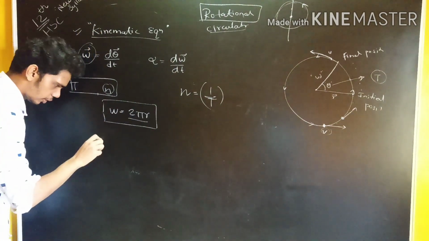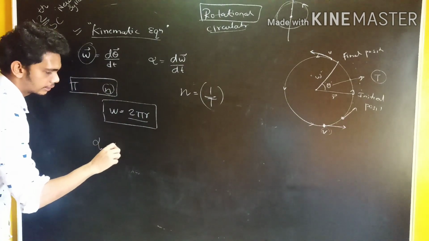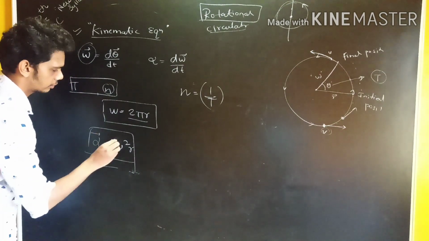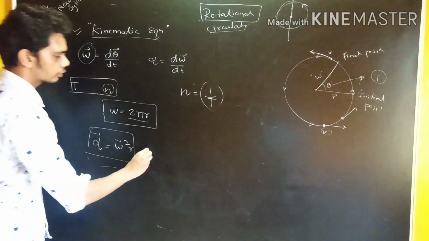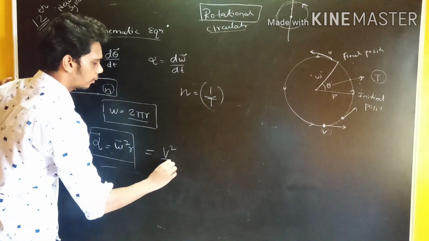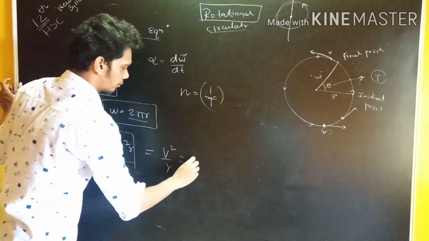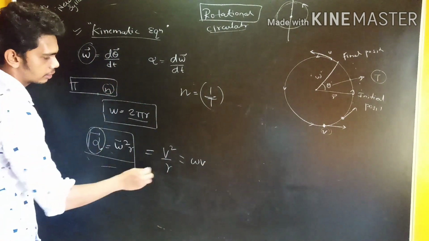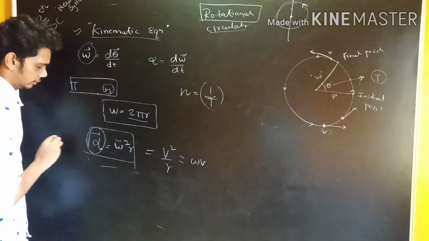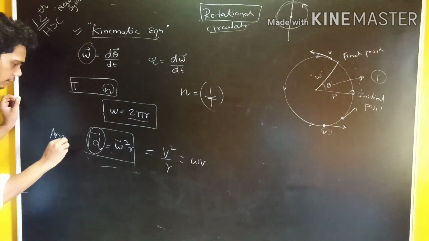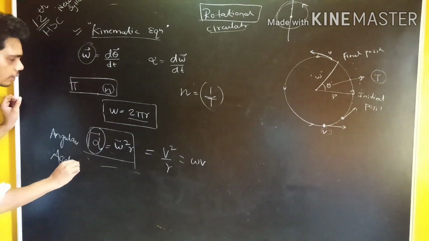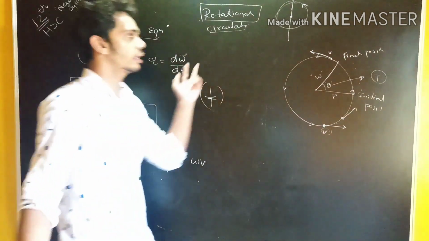When you talk about alpha, it is like omega square into r, having the direction like that, and it's also represented as v square upon r, or v omega. So these are the equations for alpha, that is angular acceleration.